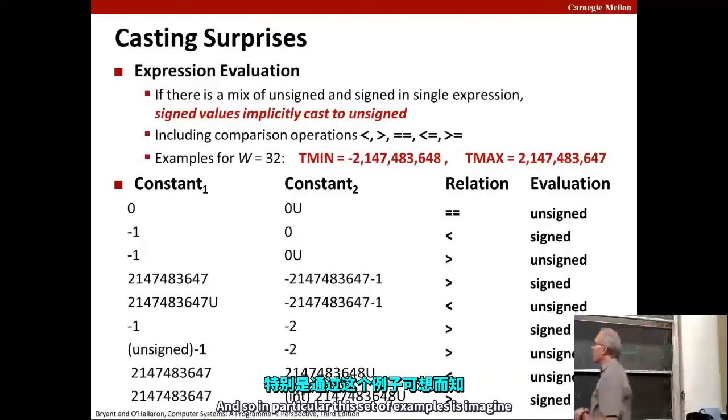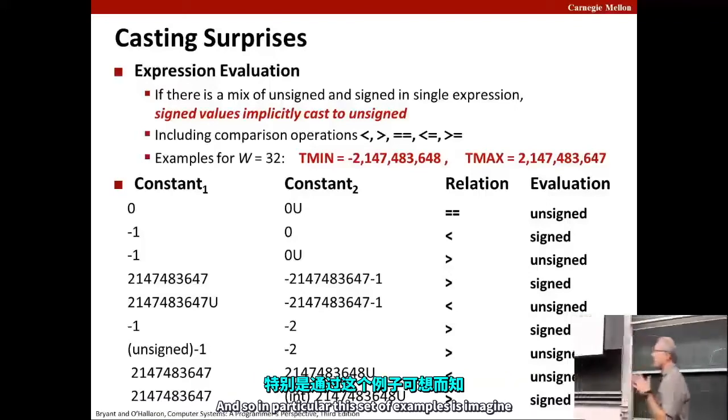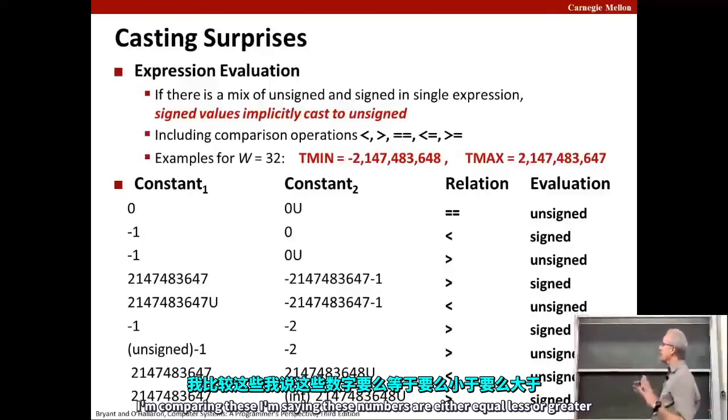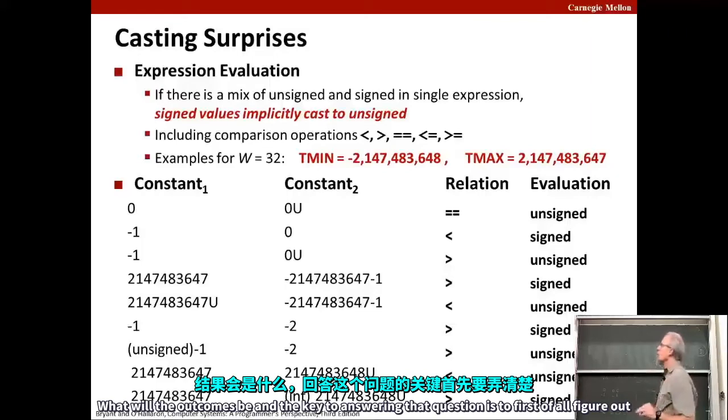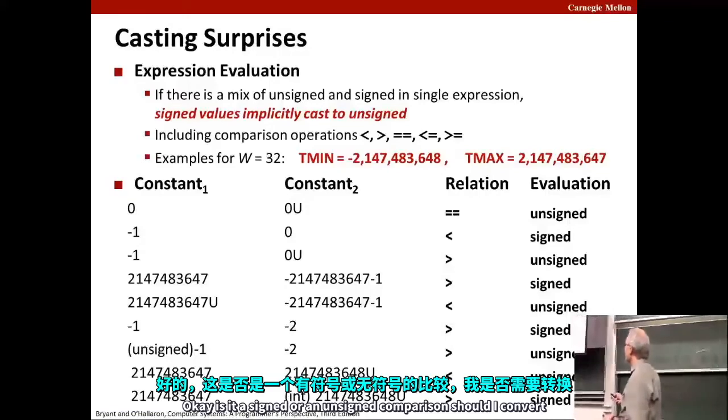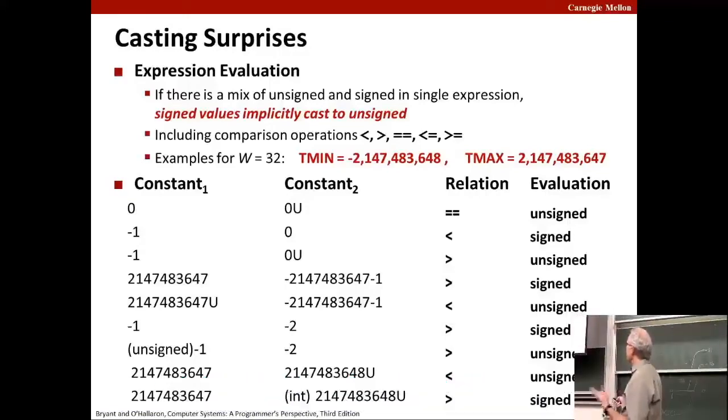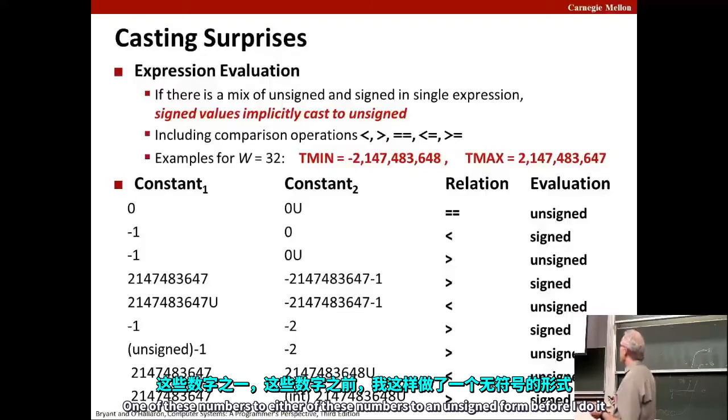In particular, this set of examples is: imagine I'm comparing these. I'm saying these numbers are either equal, less, or greater. What will the outcomes be? The key to answering is to first figure out whether it's a signed or an unsigned comparison. Should I convert one of these numbers to an unsigned form before I do it?